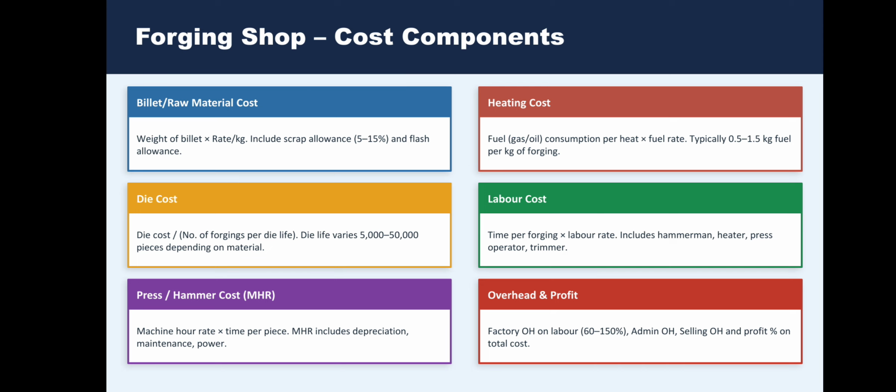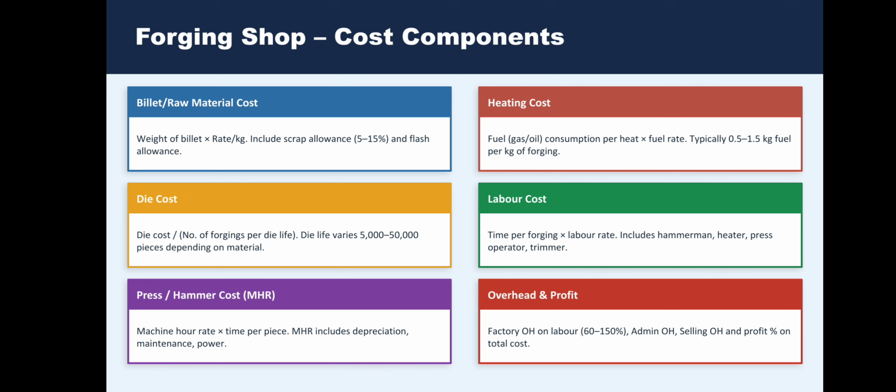MHR includes depreciation, maintenance, power, etc. The heating cost is the fuel, that means gas or oil consumption per heat into fuel rate. Typically 0.5 to 1.5 kg fuel per kg of forging.